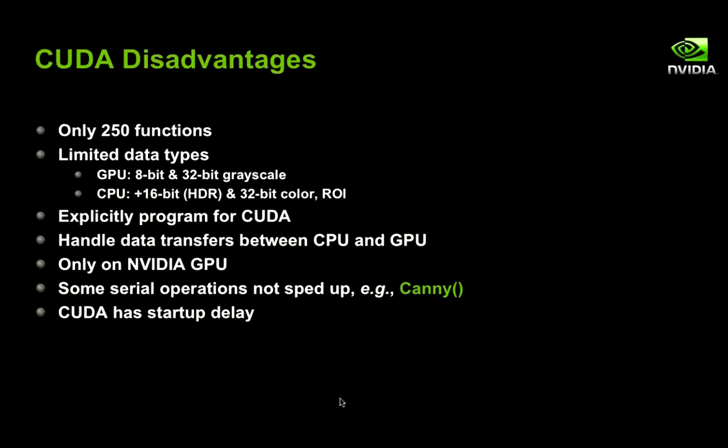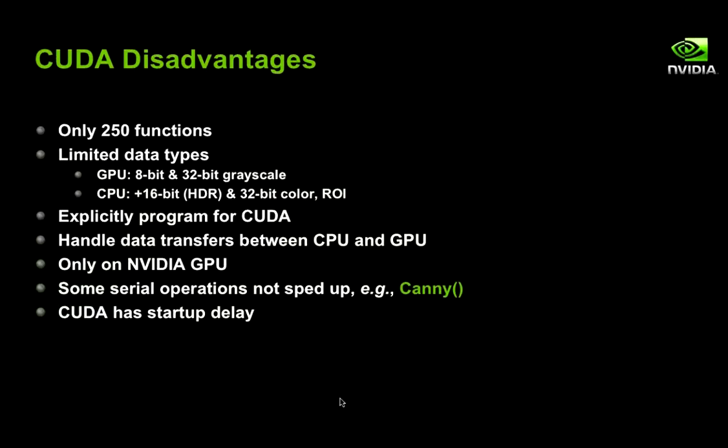The other limitation is that often not all data types available for the various functions on the CPU are available on the GPU. You also have to explicitly program for CUDA and write slightly different code to invoke the CUDA modules. As a user or programmer, you have to handle data transfers between the CPU and GPU yourself. And currently, the CUDA module only runs on NVIDIA GPUs that are CUDA capable.